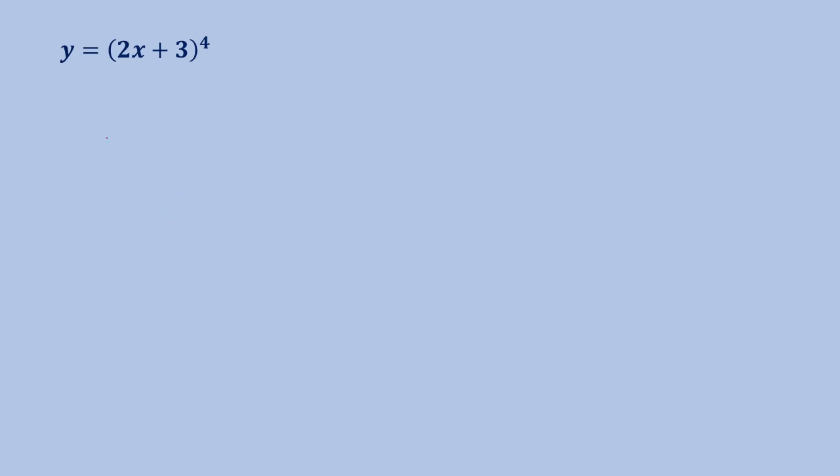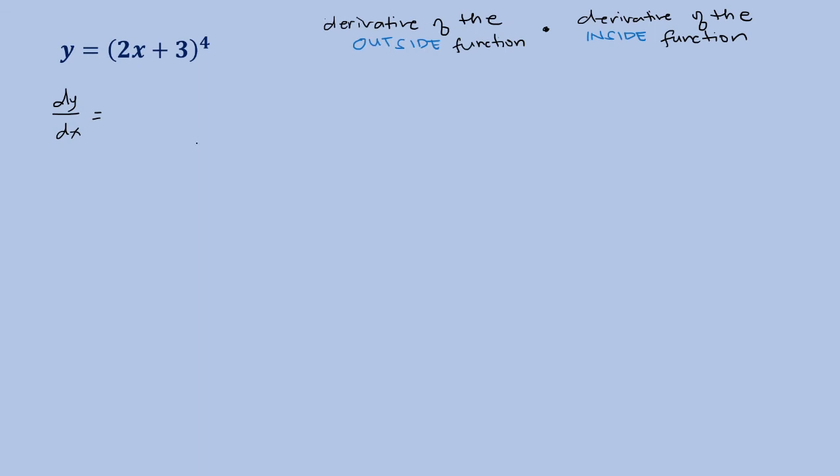Let's say we would like to get the derivative of y is equal to the fourth power of 2x plus 3. So in this case, our inside function is 2x plus 3. First, we need to get the derivative of the outside function, leaving the inside function, meaning we still have 2x plus 3.